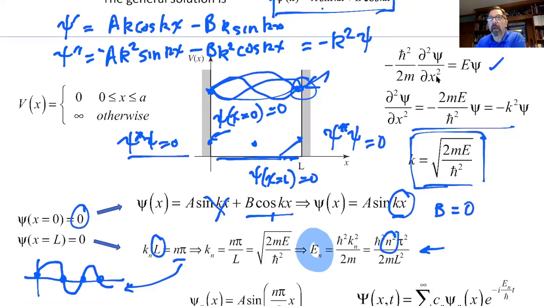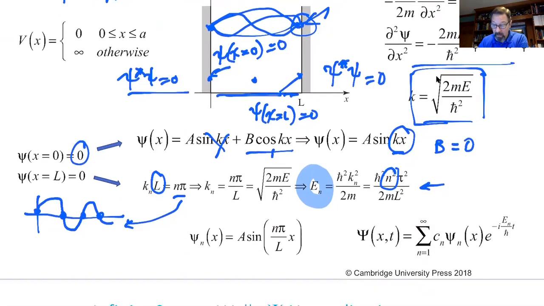If this reminds you of the standing wave on a string experiment that I know 7 of you did in PHY211, that's not an accident. The wave function here is supposed to be exactly the shape of the standing wave on a string, and each wave function has a particular energy given by this equation right here.